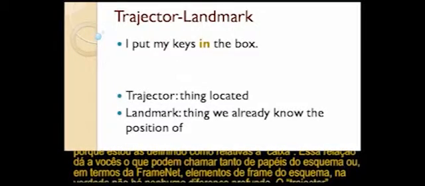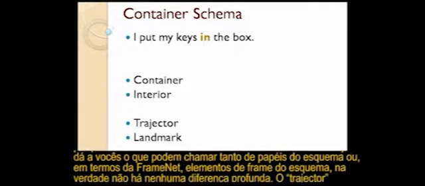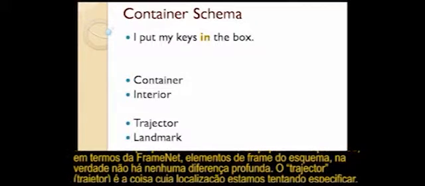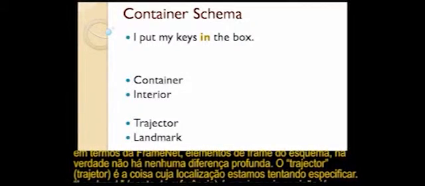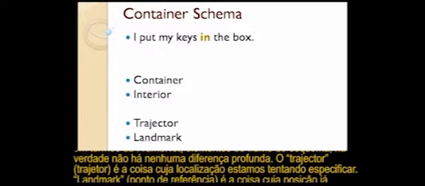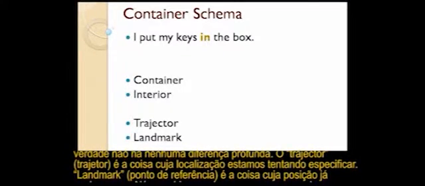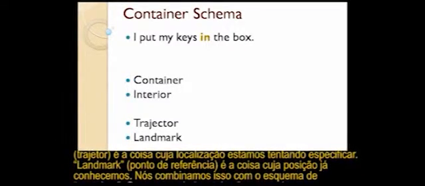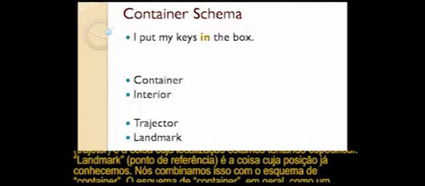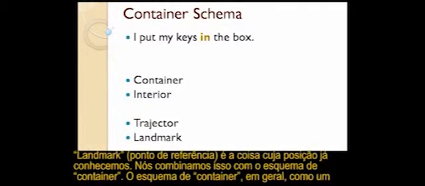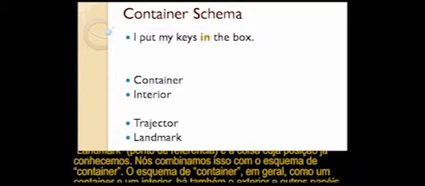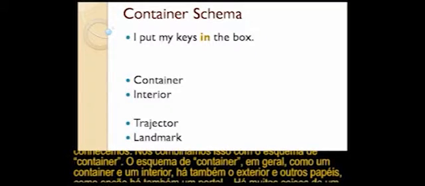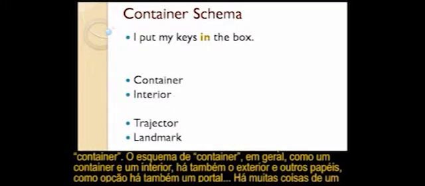We combine this with the container schema. The container schema in general has a container and an interior. There's also an exterior, and a bunch of other roles. Optionally, there's a portal. There are lots of things in a container schema, but you combine this with trajector and landmark in a particular way. Often what is done in cognitivist descriptions of this is slightly wrong.